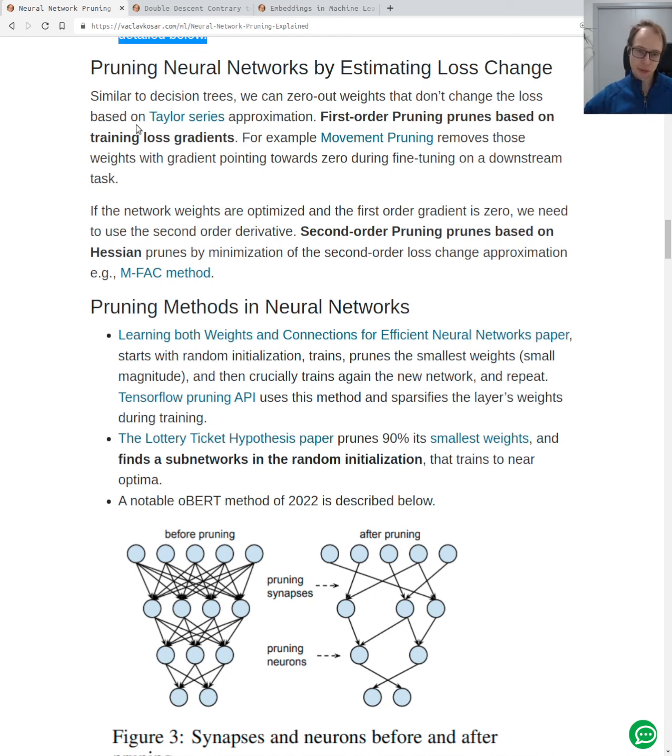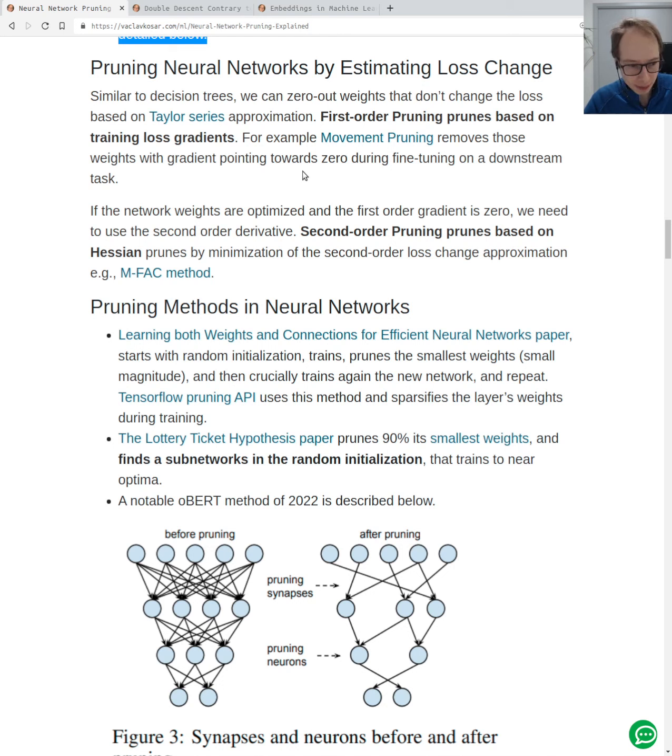If we could, we wouldn't need gradient descent; we could just optimize in one step. But since this is very hard, we need to approximate using Taylor series, which involve derivatives. We can do the first order approximation based on the training loss gradient. For example, movement pruning removes those weights with the gradient pointing towards zero during fine-tuning on a downstream task.